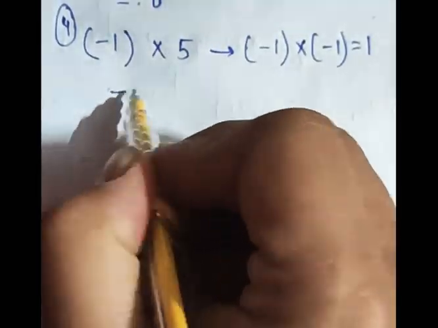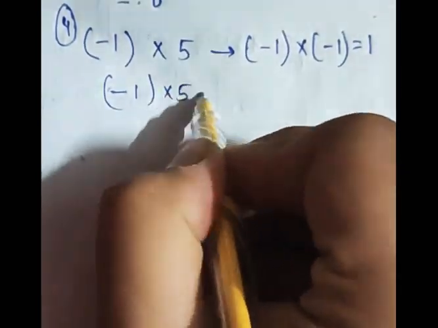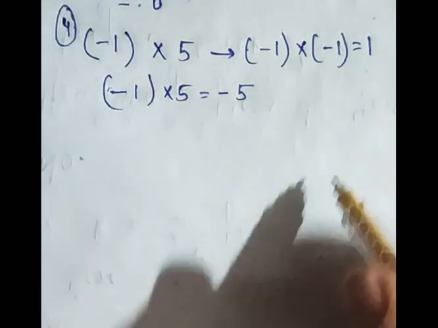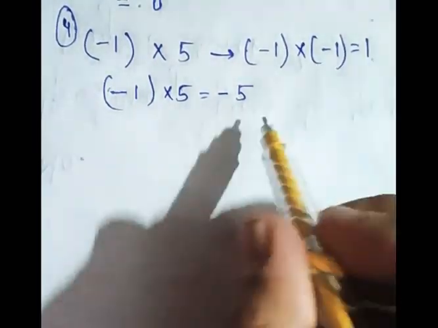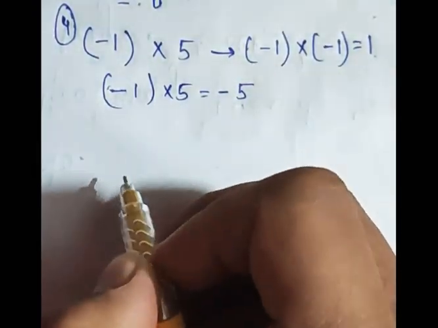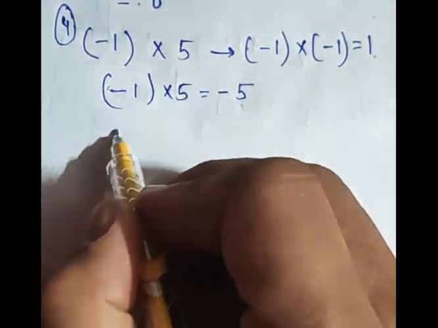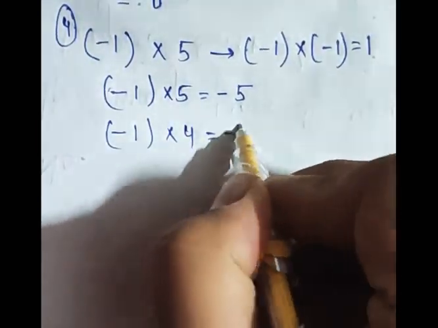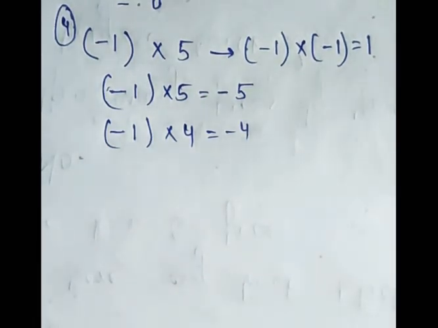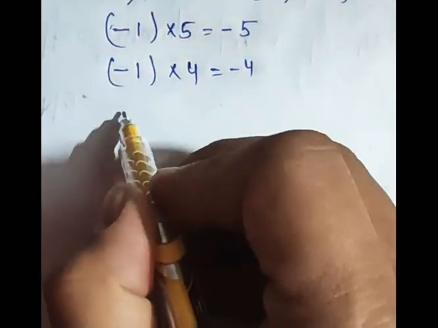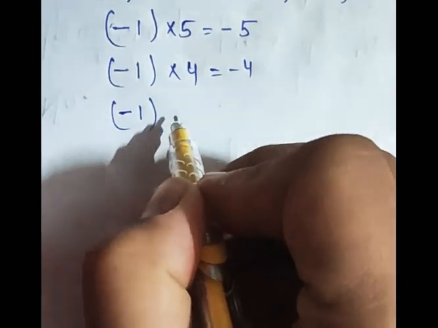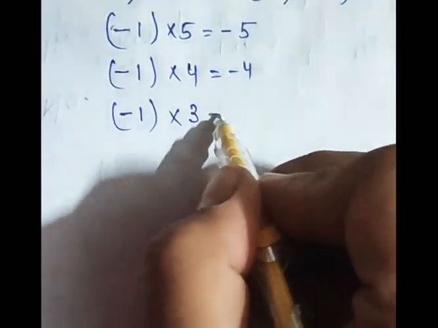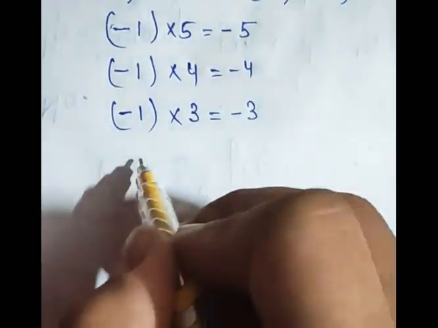Starting from minus 1 into 5 is what? Minus into plus is minus, 5 ones are 5. So we get minus 5. Next, minus 1 into 4 is equal to minus 4, right? I hope you are clear. Again, minus 1, the only thing you have to change is this number, into 3 is equal to minus 3.